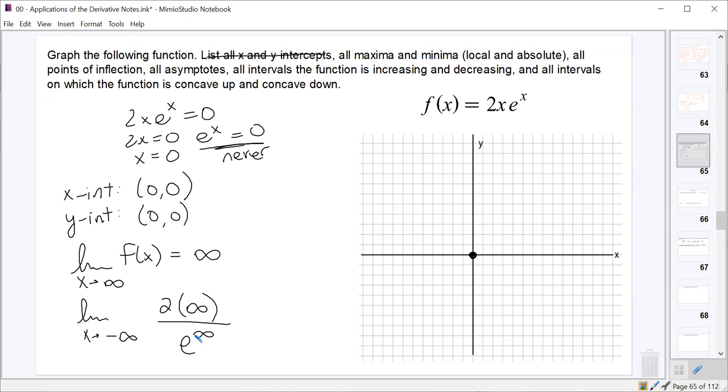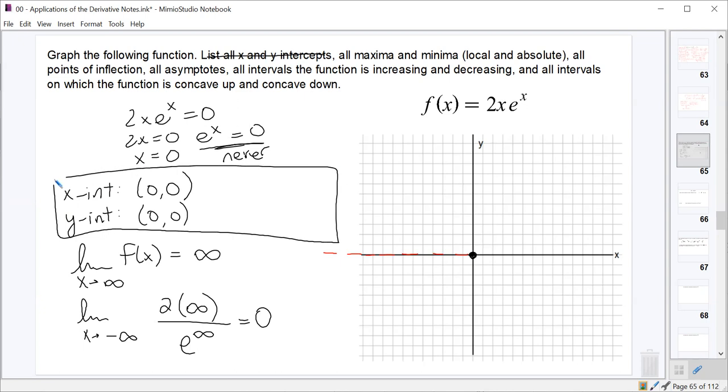Thus, the denominator is going to infinity more quickly than the numerator, which means this is approaching 0, which means that this function ought to have a horizontal asymptote of y equals 0 to the left. So we'll state that this has, along with this x and this y-intercept, a horizontal asymptote of y equals 0 to the left. And that's it. No horizontal asymptote to the right.